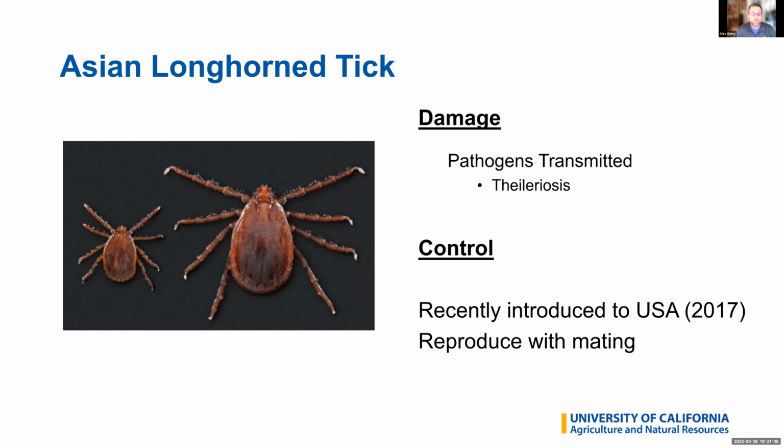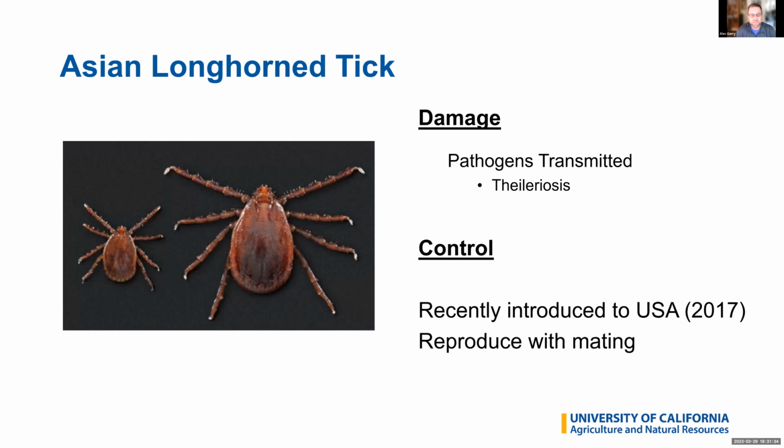This tick is important for a number of reasons. The first is that it does transmit a few pathogens, and the most important of those pathogens is tuberculosis, a bacterial pathogen of cattle that can cause real problems in terms of morbidity and mortality. What's really interesting about this tick is that they can reproduce without mating.